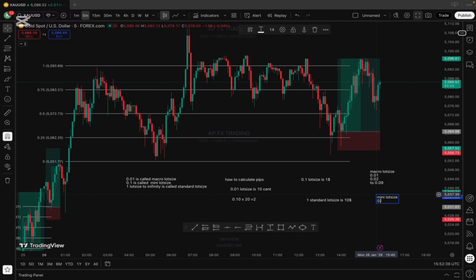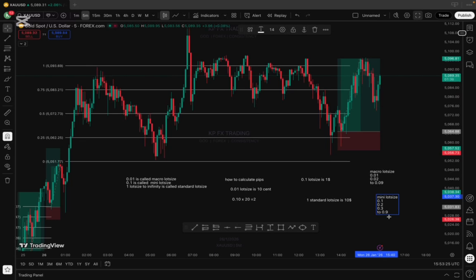This is 0.1, 0.2, 0.3 to 0.9. This simply means 0.1 is $1, 0.2 is $2, 0.3 $3, 0.4 $4, 0.5 $5, 0.6 $6, 0.7 $7, 0.8 $8, 0.9 $9.